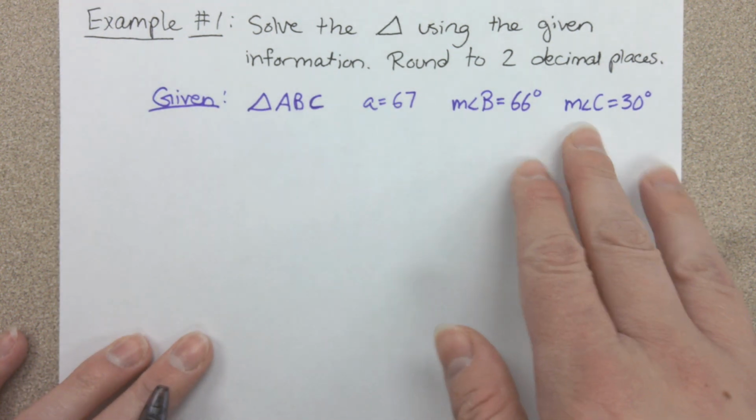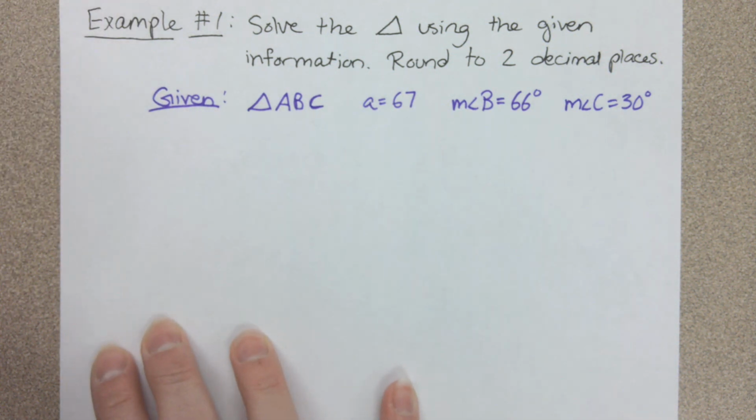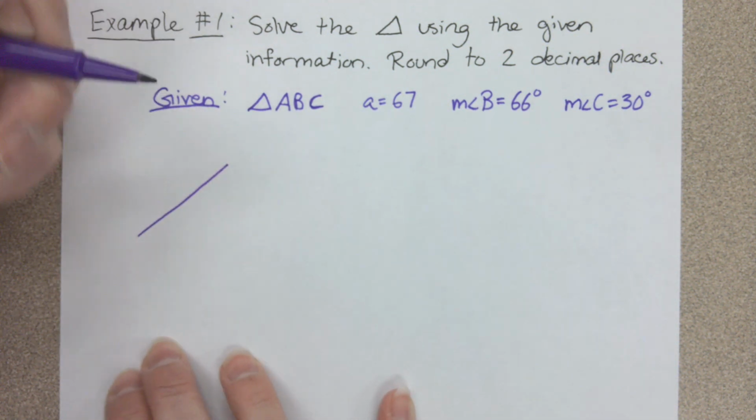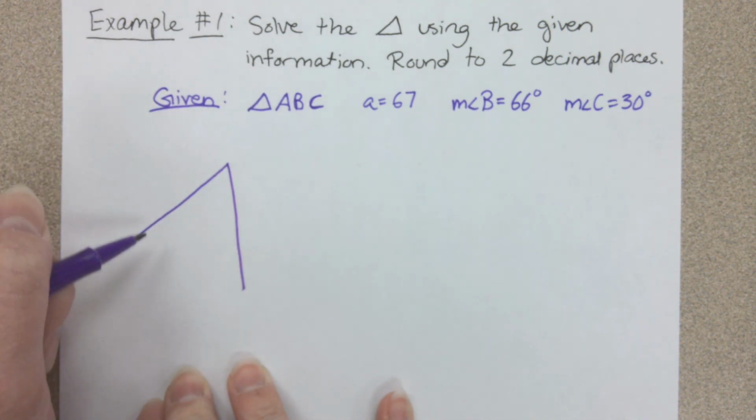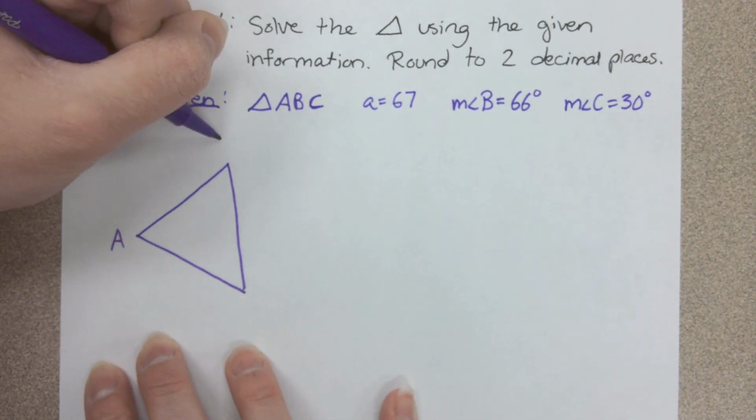So you'll be given 3 parts, and when it says solve the triangle, you need to find the other 3 missing parts of the problem. First things first, let's draw a picture, and I always recommend this, no matter the problem. Triangle ABC.